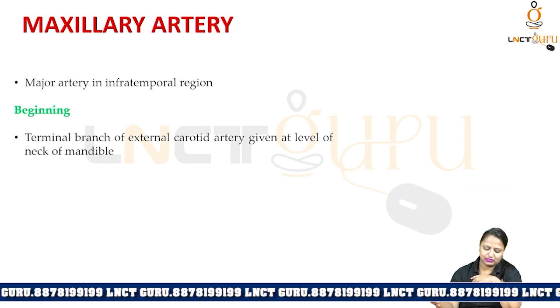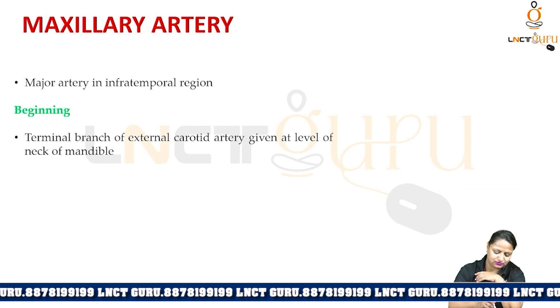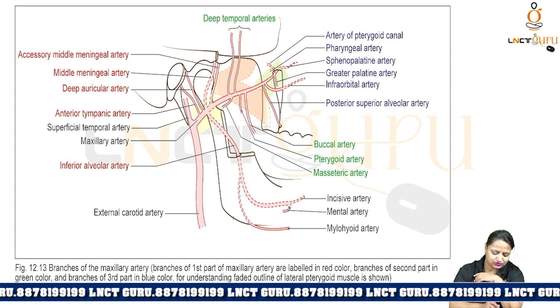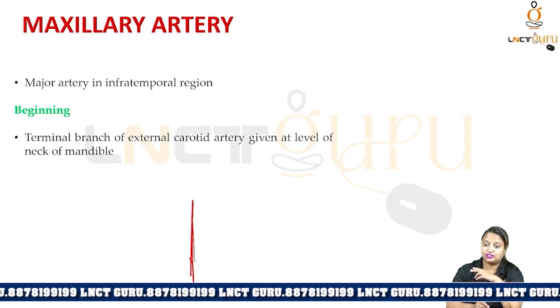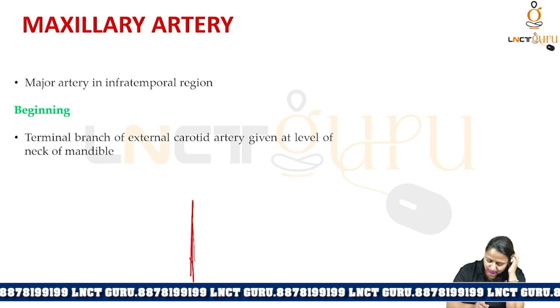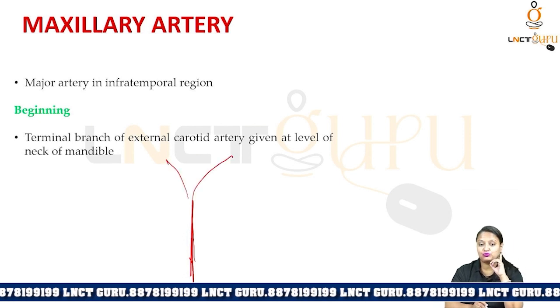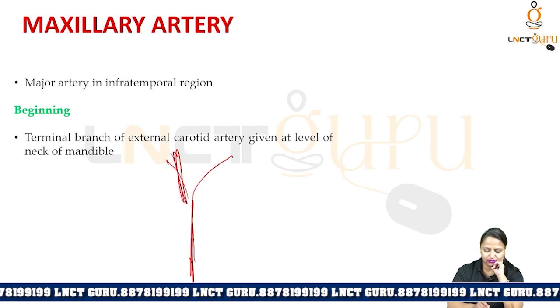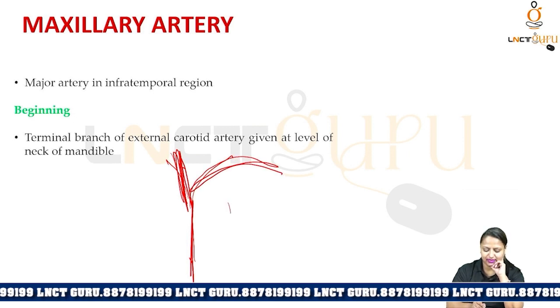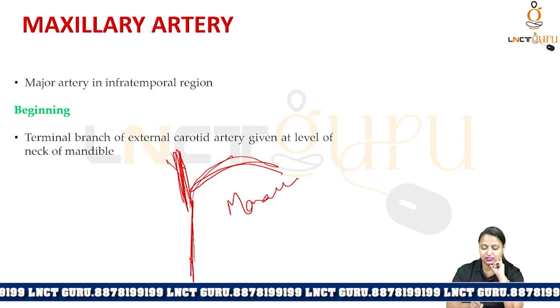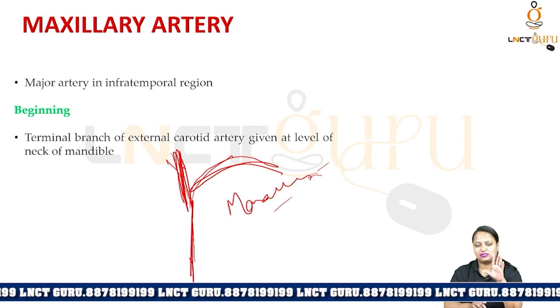There are two terminal branches of external carotid artery. This is an external carotid artery, and there are two terminal branches. The first one is superficial temporal, and this one is maxillary artery. So this is the terminal branch of external carotid artery.